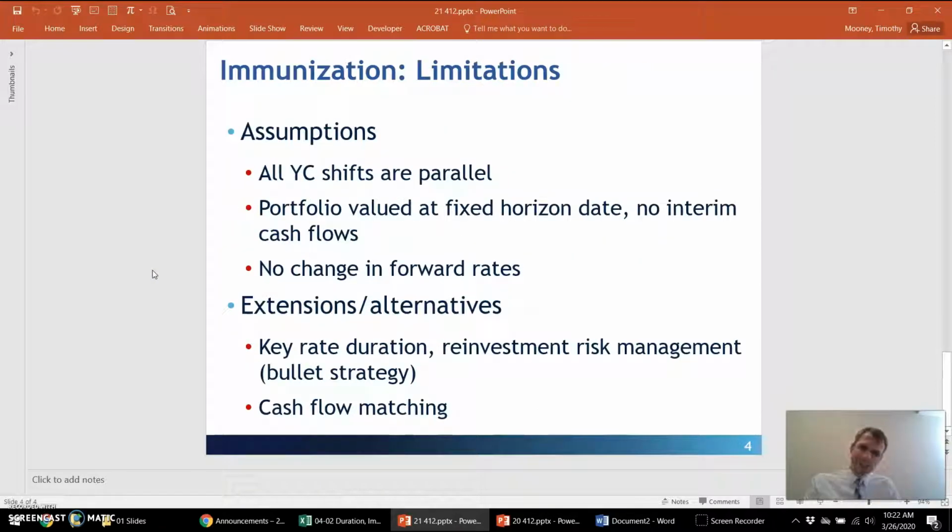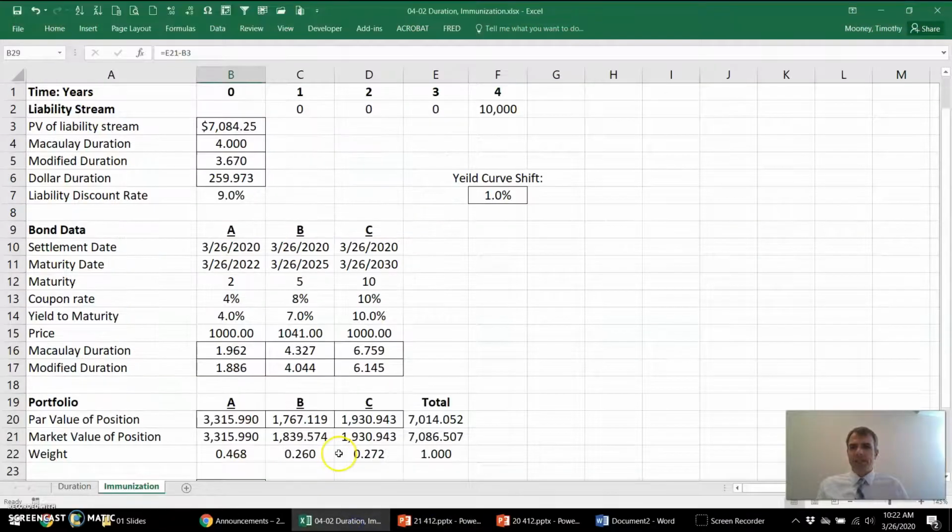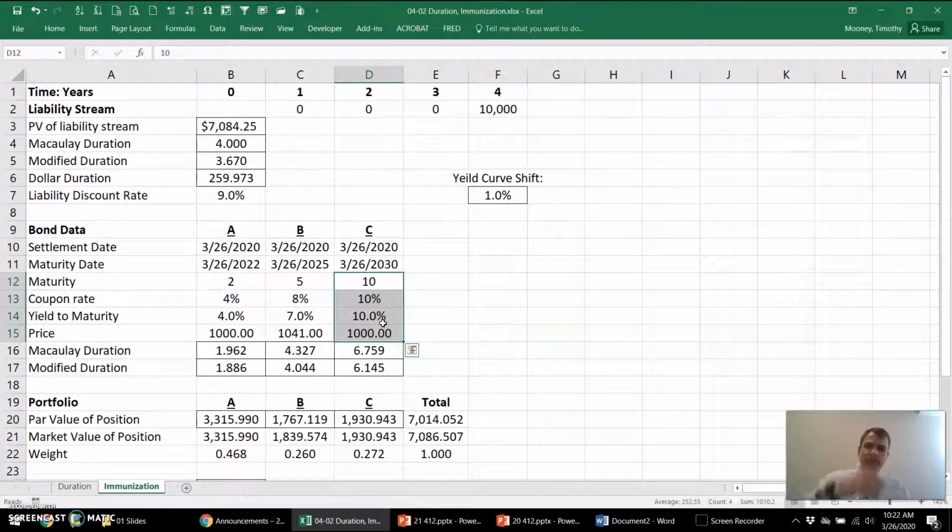Okay, so a couple limitations of immunization. This assumes that the whole yield curve shifts by 100 basis points. In real life, that's not how it works, right? In real life, when interest rates change, maybe short-term rates change by more than long-term rates, so the yield curve either steepens or flattens, right?